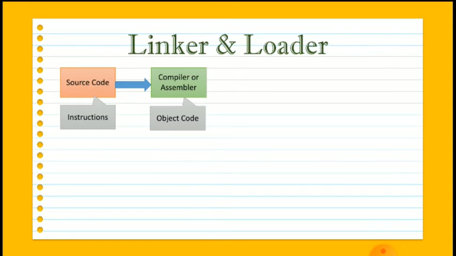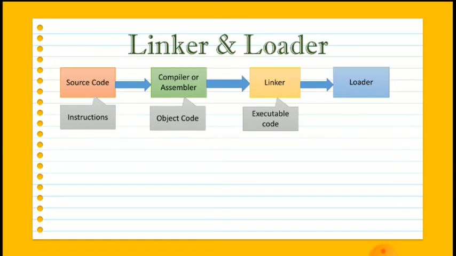Source program is a set of instructions, and this object code will be transferred to the linker, and the linker takes that object code and generates the executable code, and then the executable code created by linker will be transferred to the loader.